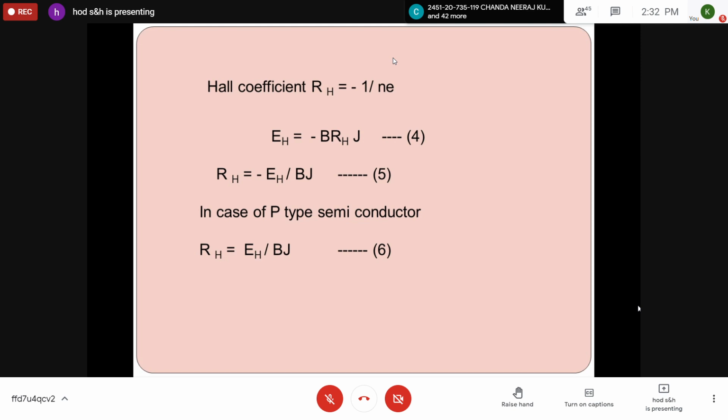This is equation 5. In the case of a p-type semiconductor, that negative sign will not be there. RH is equal to EH by BJ, where EH is the Hall field, B is the magnetic induction field, and J is the current density, represented by equation 6. Is it clear, students?